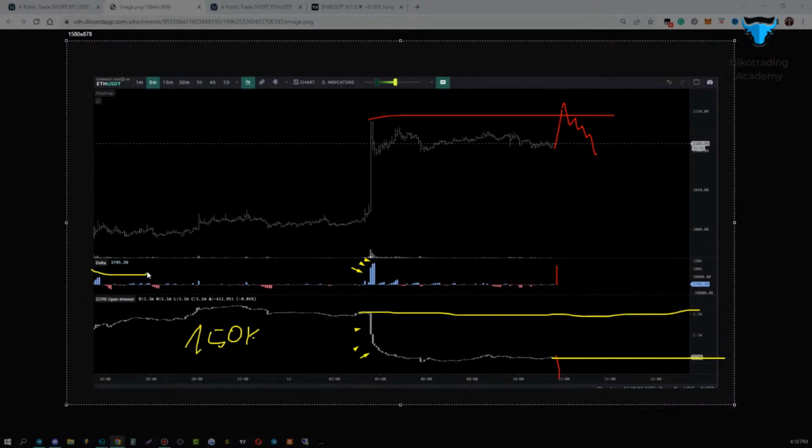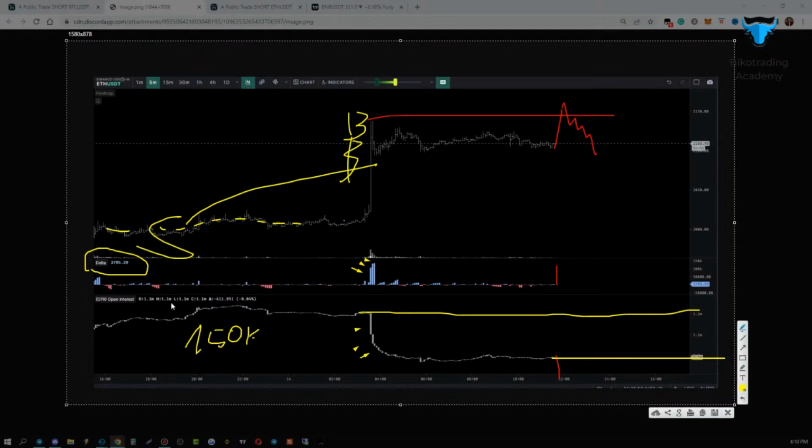And because of delta, we can understand that most of those people were short sellers, because short sellers that opened short here, to get out from their short, were forced to buy back to cover their short. And because of that, we face massive liquidation.